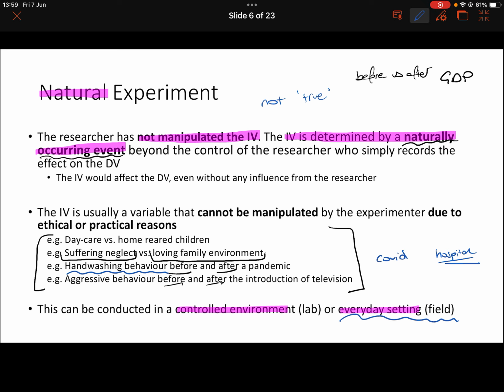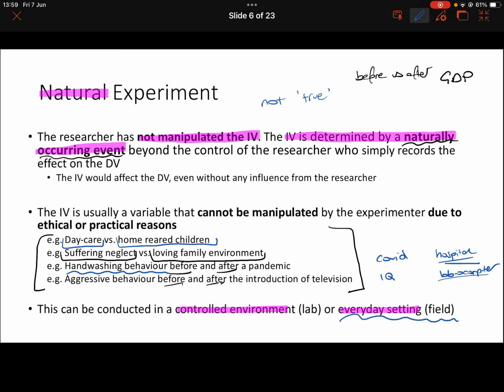Or we could measure IQ of children who have been raised in daycare versus those who have been raised at home. And so we're going to be measuring IQ in a really controlled lab environment using a computer, for example.